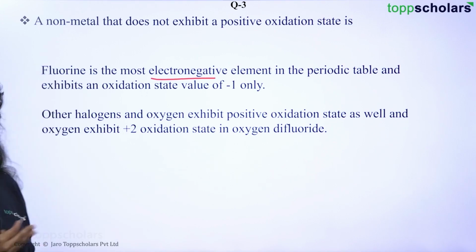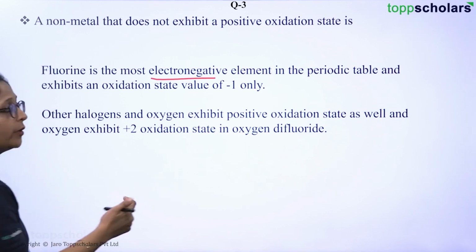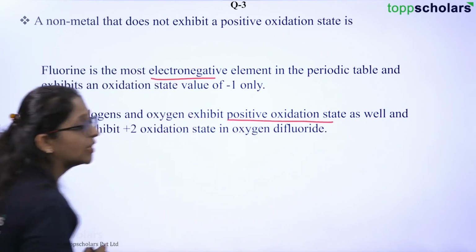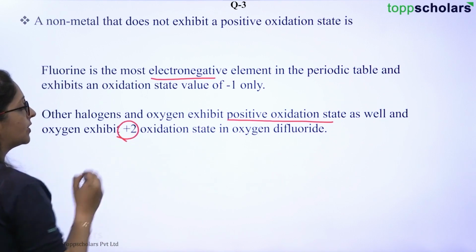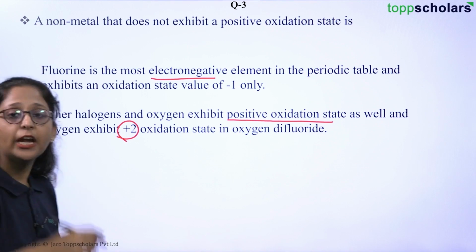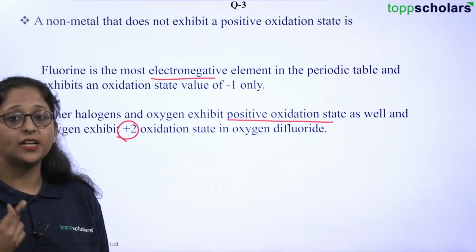Along with that, the other halogens and the oxygen are also going to exhibit a positive oxidation state. As well as oxygen, we can say that it exhibits +2 oxidation state in the oxygen difluoride structure.